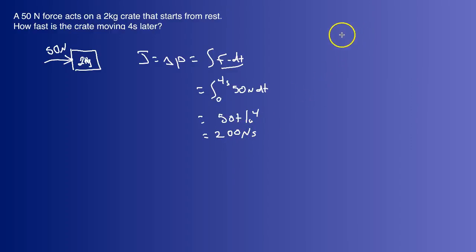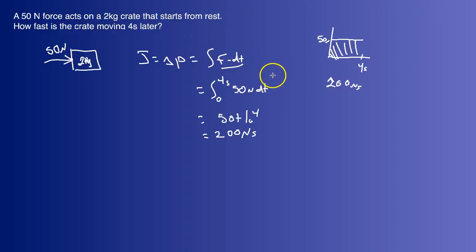The second option is this. Remember, the integral is the same thing as finding the area beneath the curve or the graph. If we have a constant force of 50 newtons that lasts for 4 seconds, the area of this graph gives us 200 Newton seconds.